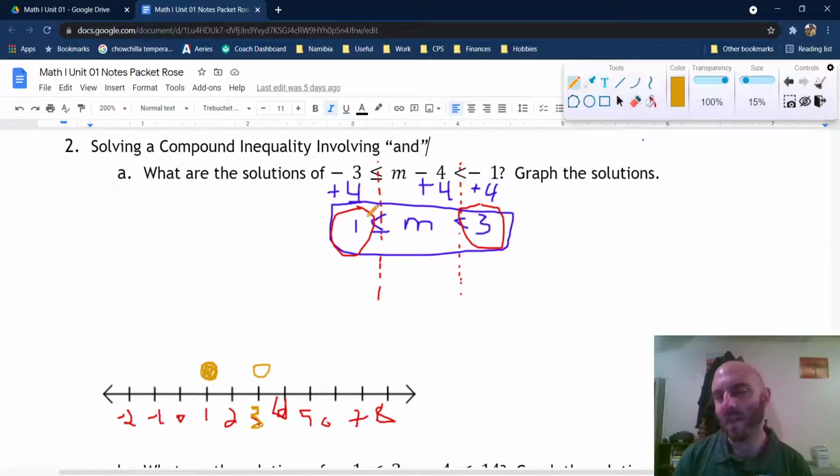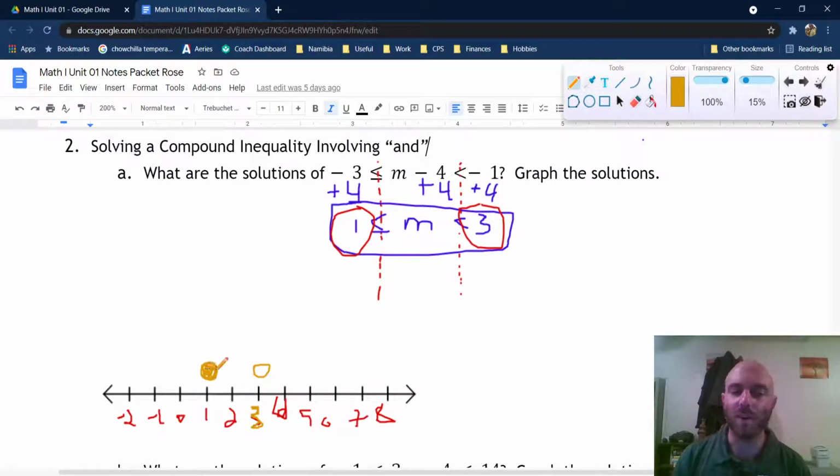Well, if 1 is less than m, that means m is bigger than 1. So I ask myself, which way are the numbers that are bigger than 1? Are they over here to the left? Or are they over here to the right? And they're over to the right. That's where the bigger numbers are, always.